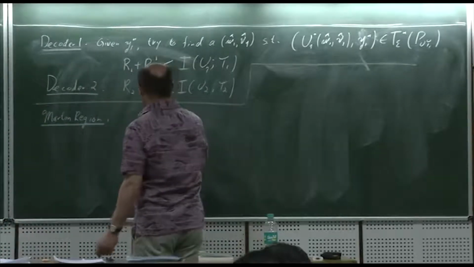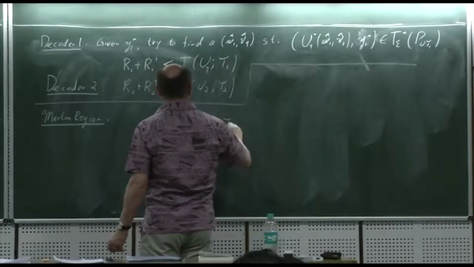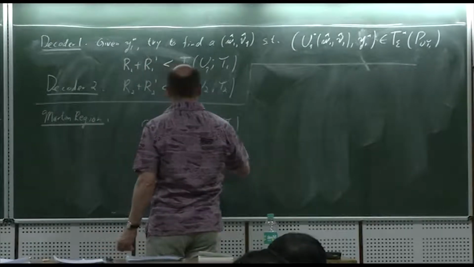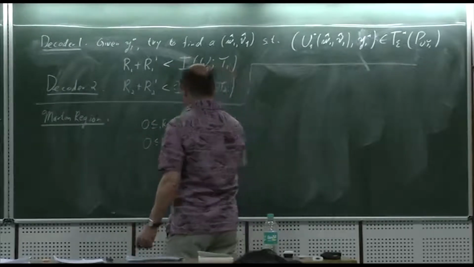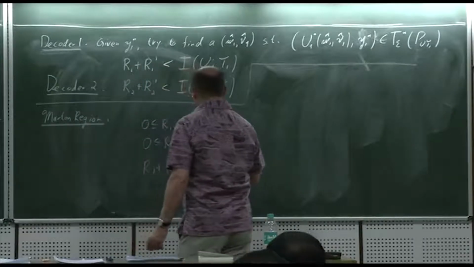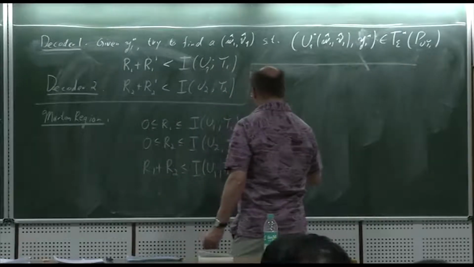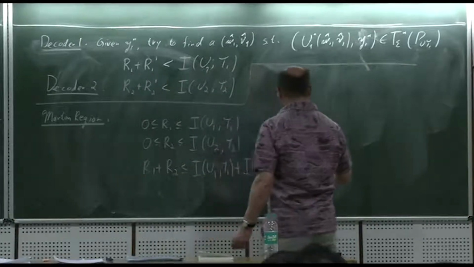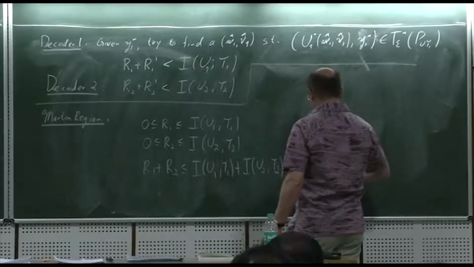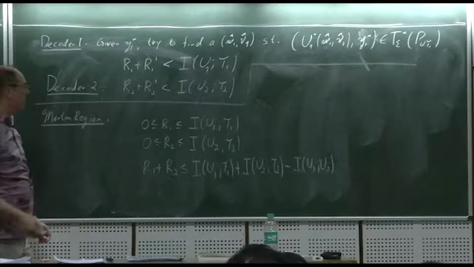The rate bounds look like this: 0 less than R1 less than or equal to I(U1;Y1), 0 less than R2 less than or equal to I(U2;Y2), and a sum rate bound, R1 plus R2, which is just the sum of these two, I(U1;Y1) plus I(U2;Y2), but minus this price we're paying, minus I(U1;U2). So it's really easy to check that the Fourier-Motzkin elimination will give you this, right?